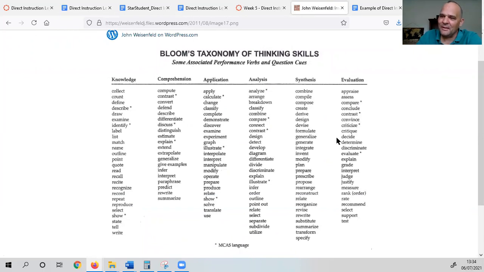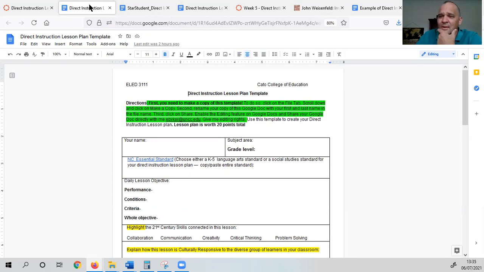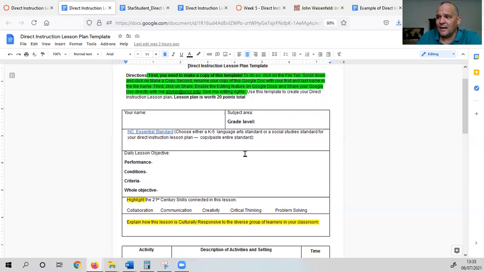And pick one from this list that's in module 2. Another great one is identify, recognize, create. All right. So that piece on your direct instruction lesson plan is the daily lesson objective.